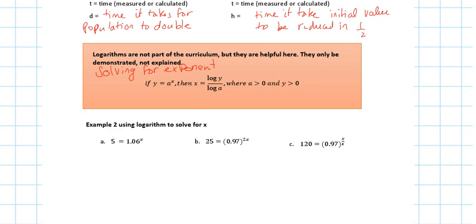Basically, the formula says that to find the exponent x, you do the log of the answer and divide by the log of the base. So the exponent is equal to the log of the answer over the log of the base.